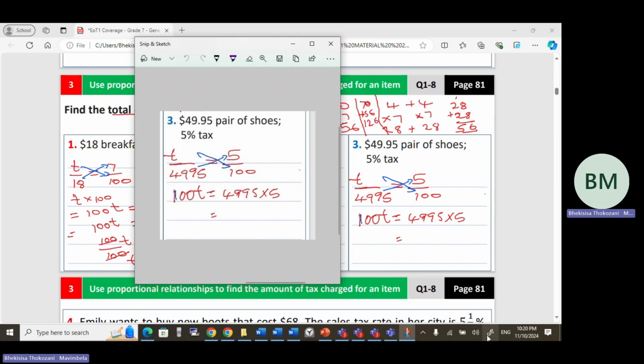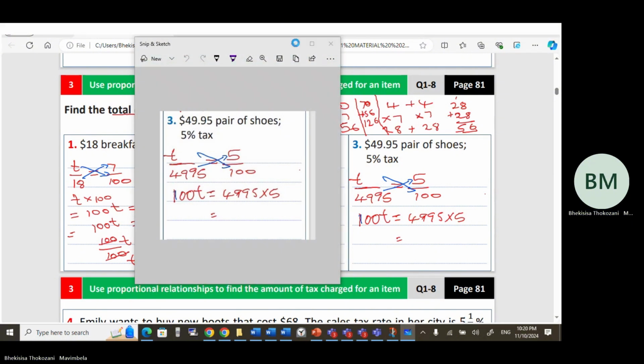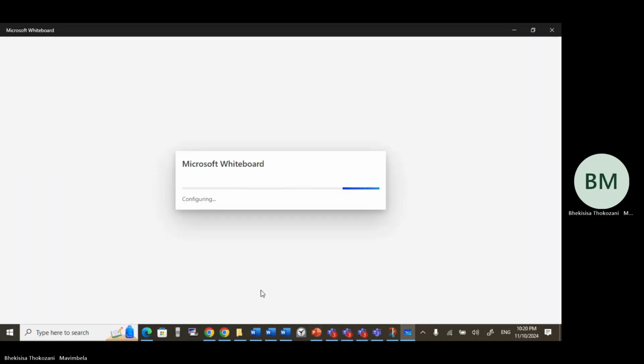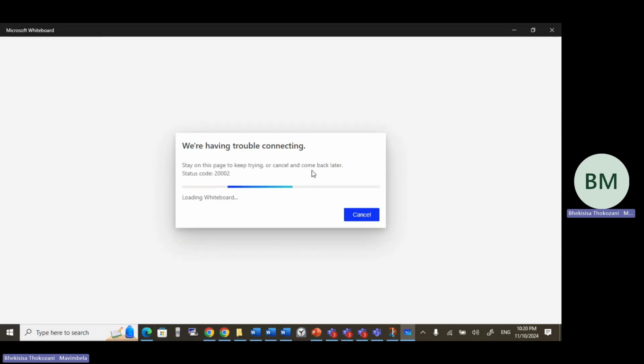All right, let's do it here on this whiteboard, because there's no space there. So let's do it on this whiteboard so that we can see.